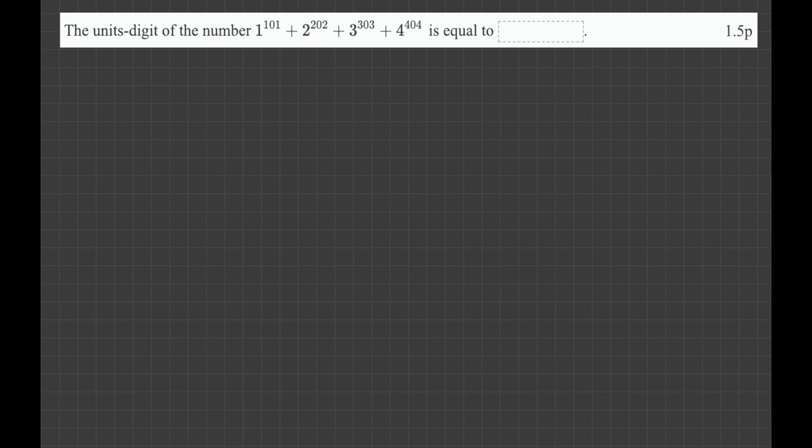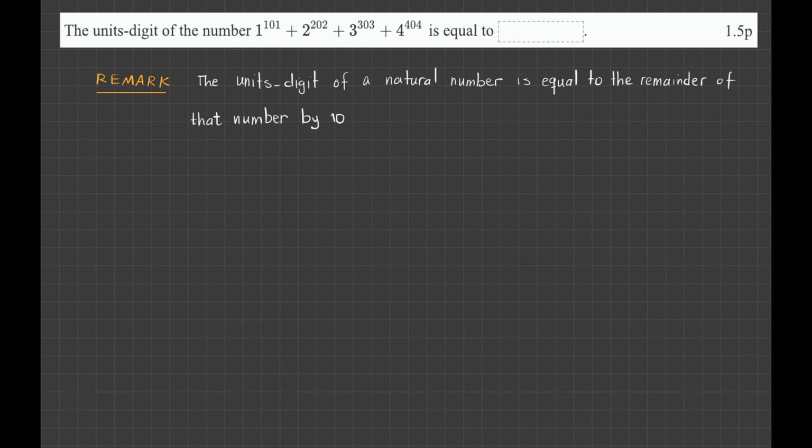And if you remember, during the lesson we had this remark that the units digit of a natural number is equal to the remainder of that number by 10. So what does it mean? It means that if I want to find the units digit of this number, I have to simplify it modulo 10.